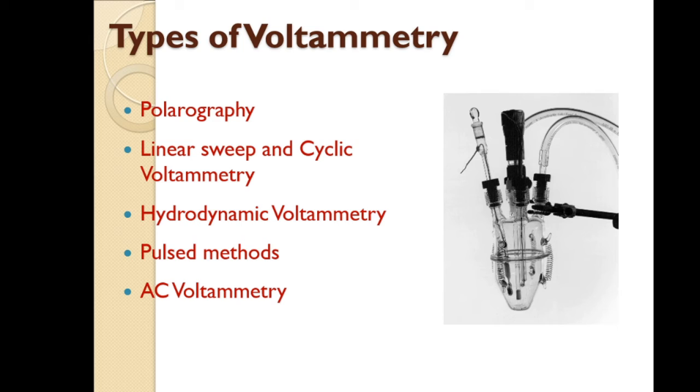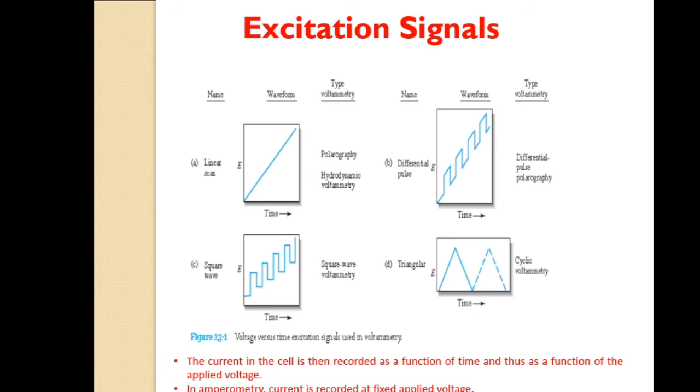There are different types of voltammetry techniques: polarography, which is the basic one, then linear sweep and cyclic voltammetry, hydrodynamic voltammetry, pulse methods, AC voltammetry, and also stripping methods. All of these can be effectively used in analytical chemistry. Among these, the one basic term we are going to see is the excitation signal.